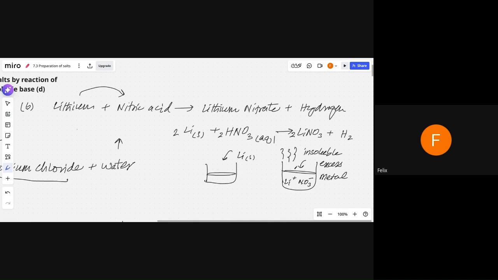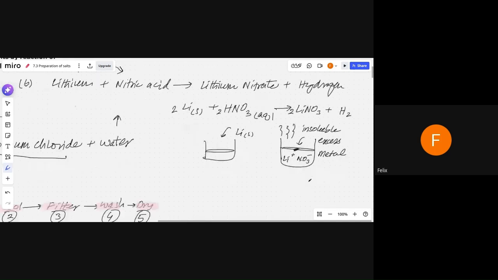So now, the first method for retrieving the salt from this reaction will be filtration. First, we need to filter, to separate the liquid from the solid, right? Which solid? The excess metal, which is insoluble, which is not reacting with the acid, because there is no acid remaining.